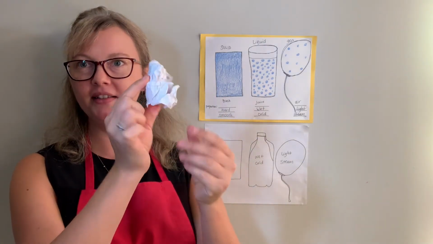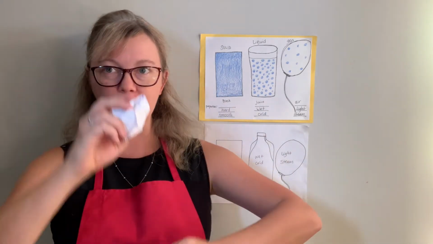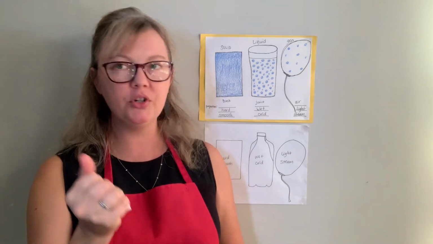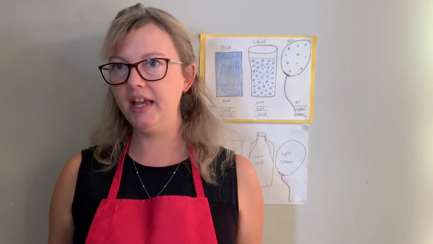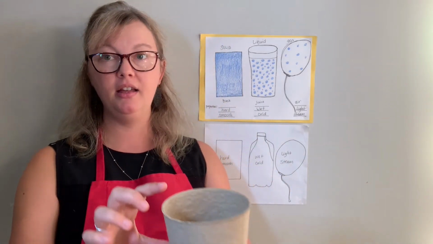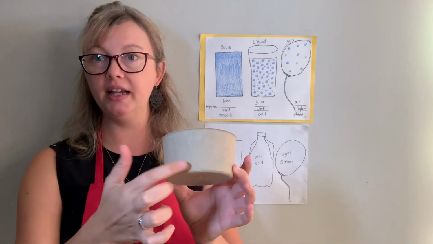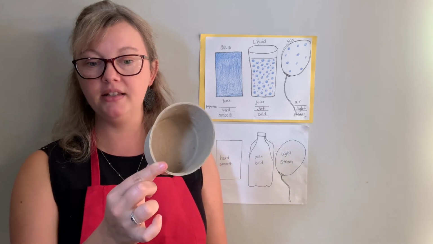Change that shape. Nice. Also, if we tore it into shreds or we cut it into pieces, then we're changing that shape. And what if we recreated the strips of paper and we made something out of it?